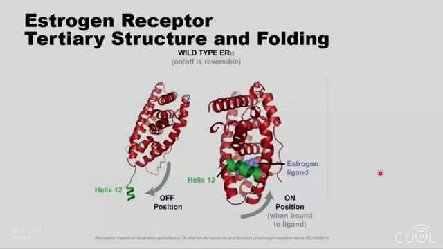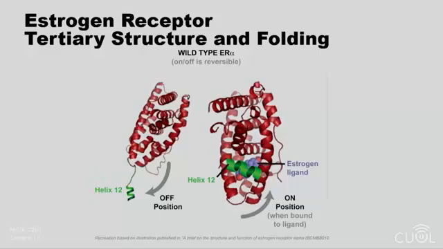I want to re-stress this idea that protein misfolding is a good thing as long as it's temporary and reversible. Here's one example: remember I talked about the estrogen receptor. It's this intracellular receptor, the ER alpha, the estrogen receptor alpha subtype, and it sits inside the cell.